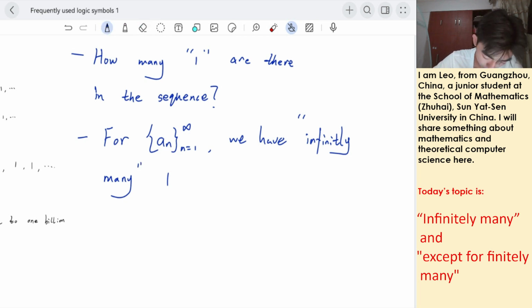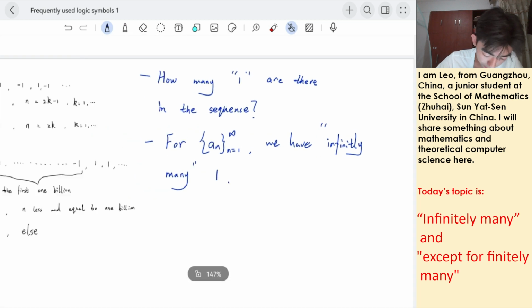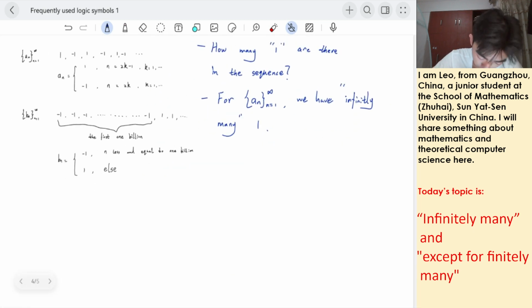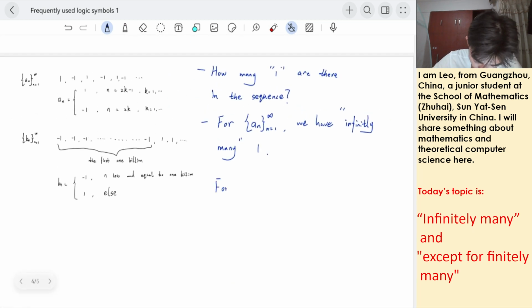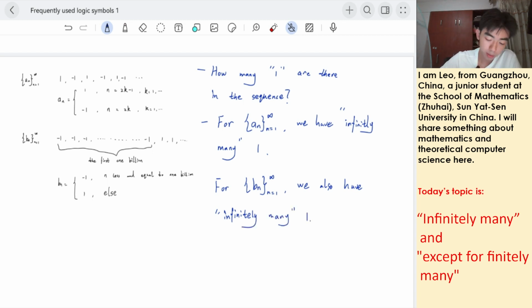Okay, and for bn, we also have infinitely many 1s, right?